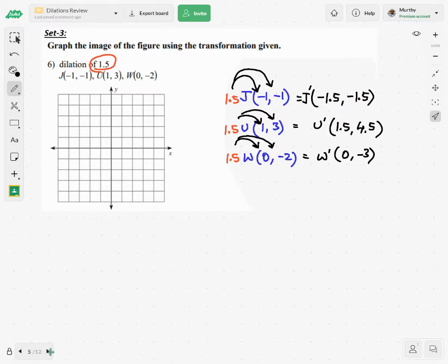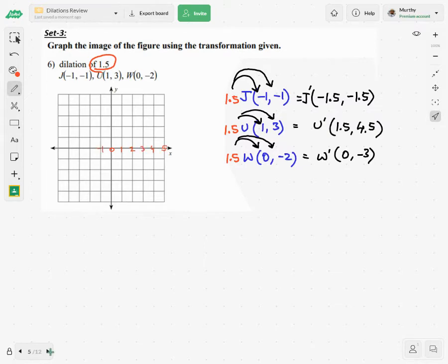Now you have to plot these points, not only the given points. Let's take points J, U, and W. Point J is (-1, -1). Oh, I had better label these: 0, 1, 2, 3, 4, 5.